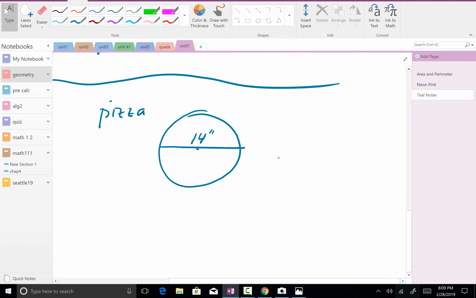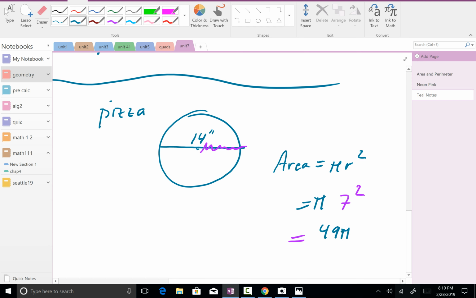And if we want to find the area of that, right, we're simply going to do this. We're going to take pi times radius squared. So that would be pi. Radius, remember radius is going to be half of that diameter. So that's going to be 7 squared. So we get 49 pi.